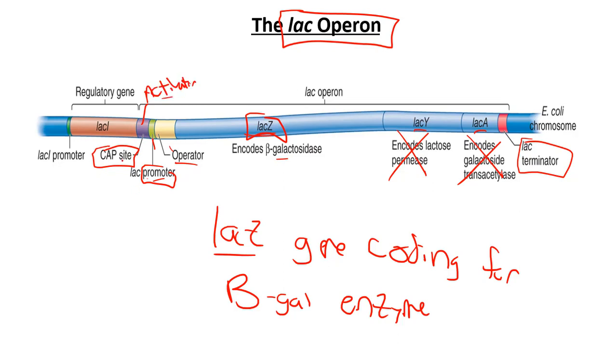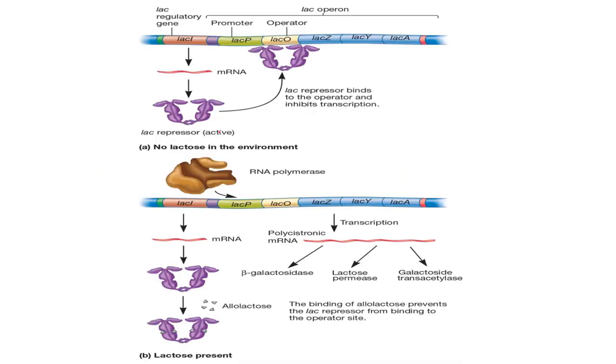Now, also upstream of the CAP site, there's another gene called LacI. This is not in the Lac Operon. It's in an operon by itself, so it's kind of a lonely gene. And LacI has its own promoter, the LacI promoter. Now, if E. coli is growing in an environment with no lactose, so it's growing with glucose maybe, okay?